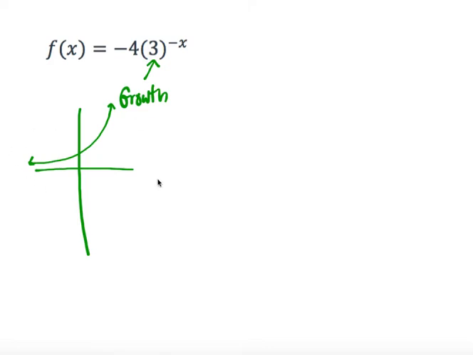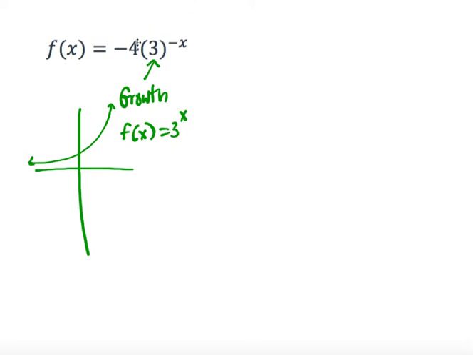That's just a regular growth function. If this function was f of x equals 3 to the x power, that's a very rough sketch of what it would look like. Then I take the transformations a single number or sign at a time.